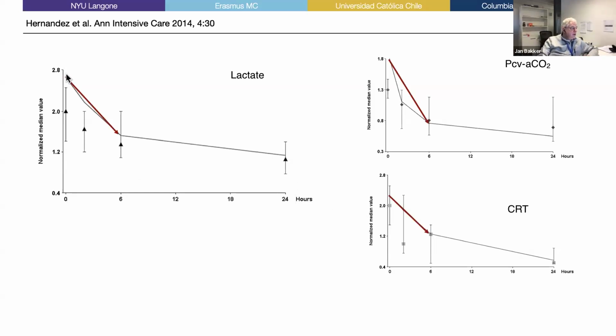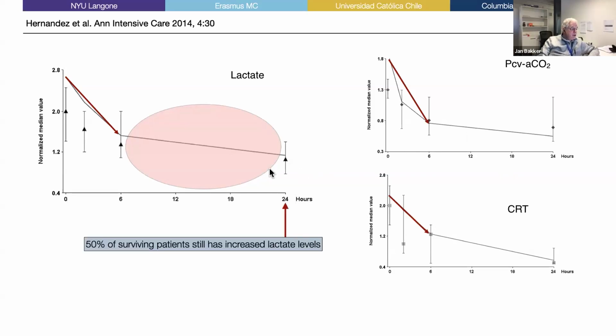And what we found is that in the first 6 hours, the normalization of lactate, much more patients normalized their lactate very rapidly. The same with the delta PCO2. Many patients rapidly normalized their delta PCO2 and normalized their capillary refill time. But then in the period between 6 and 24 hours, the normalization of lactate was much slower, just like capillary refill time and delta PCO2.